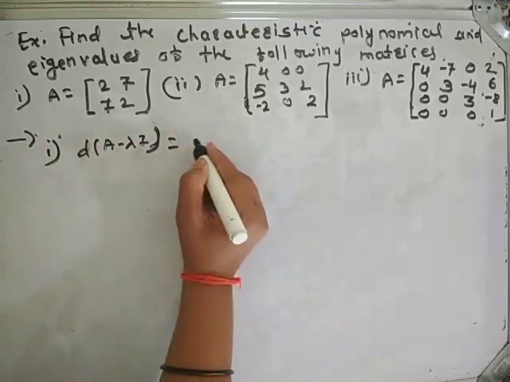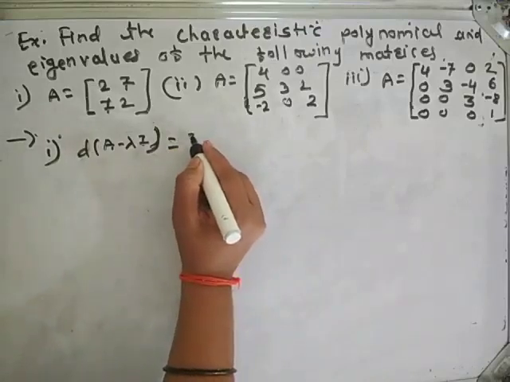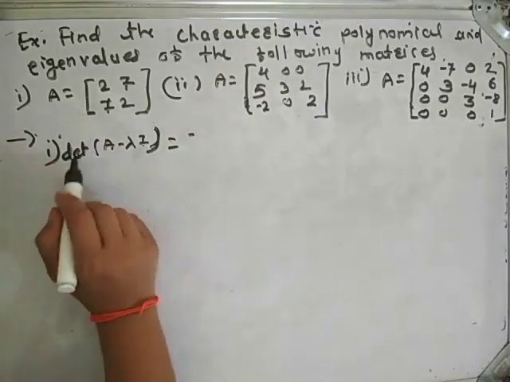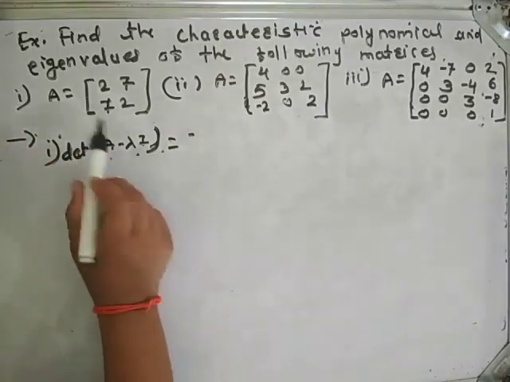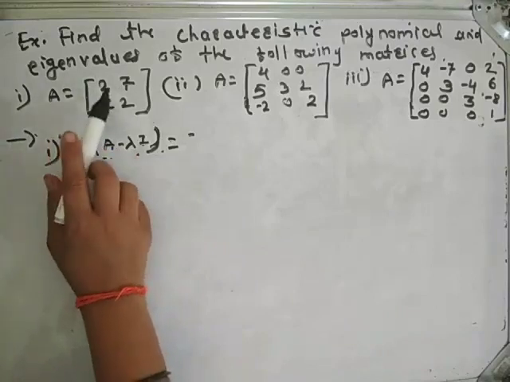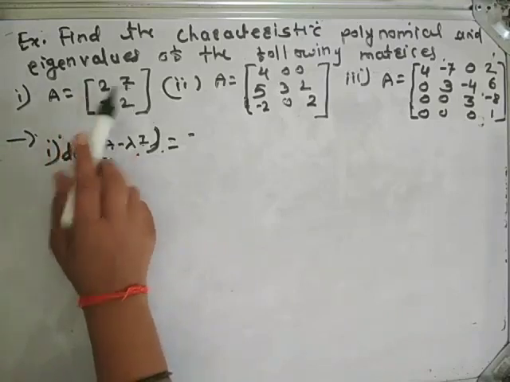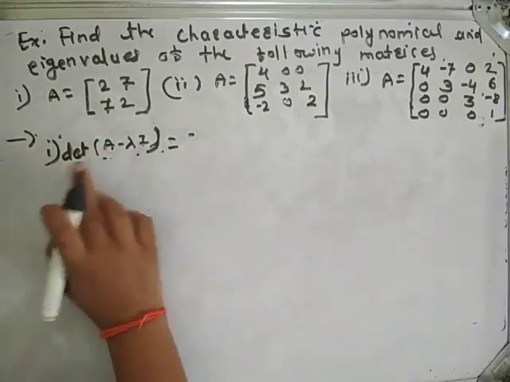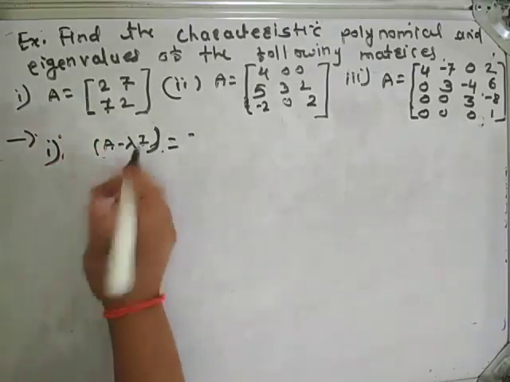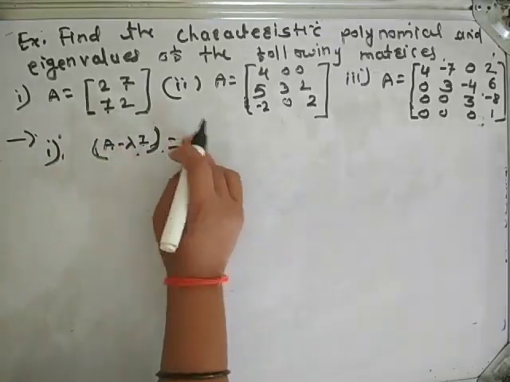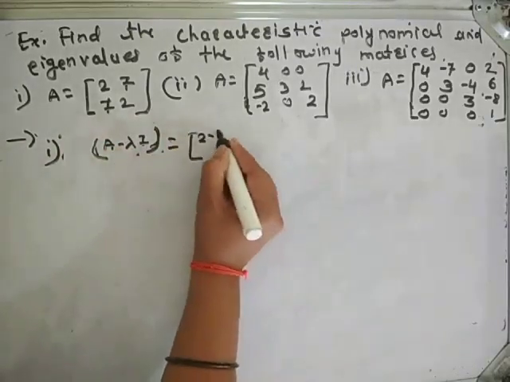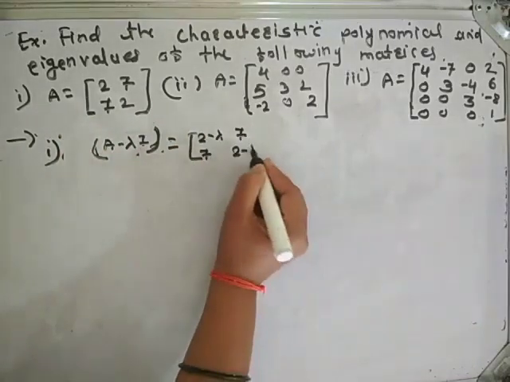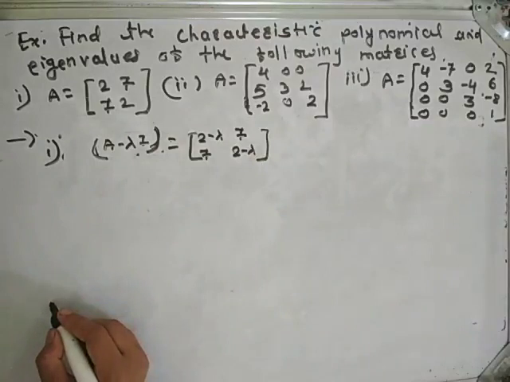First I will write matrix A minus lambda I. So I will get matrix 2 minus lambda 7 7 2 minus lambda.